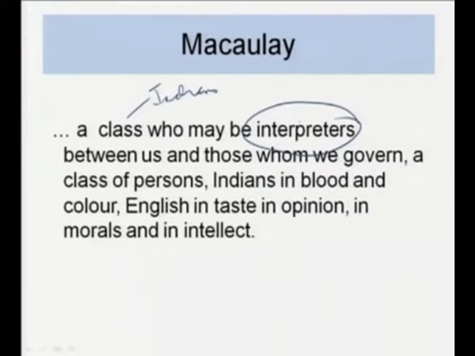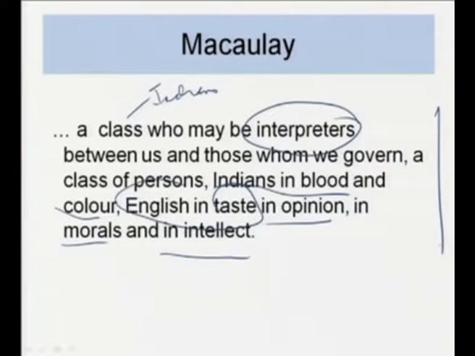A class of persons, it says, Indians in blood and color, but English in taste, in opinion, in morals and in intellect. So, it was a very clear agenda really, that there would be a class created from educated Indians who would be the go-between, so to speak.